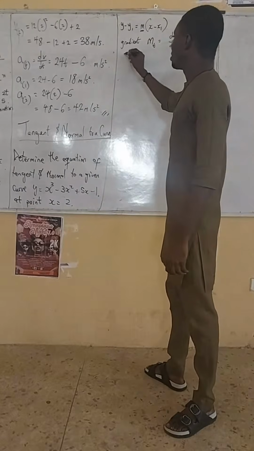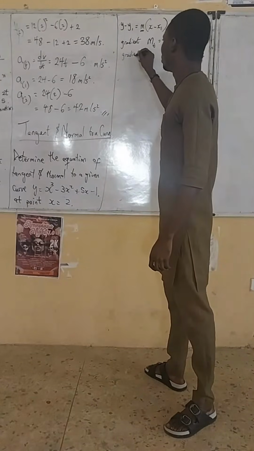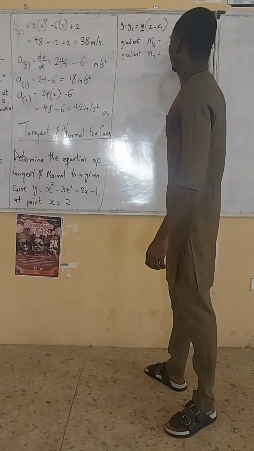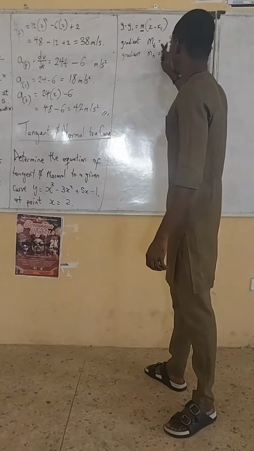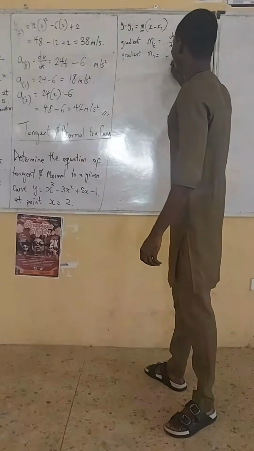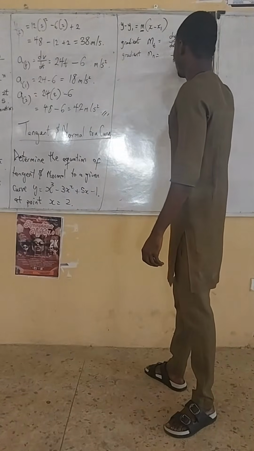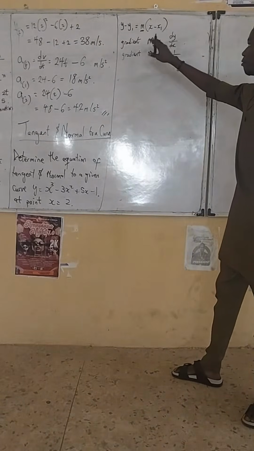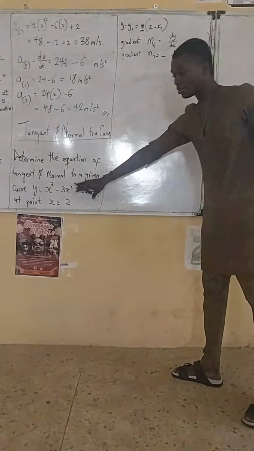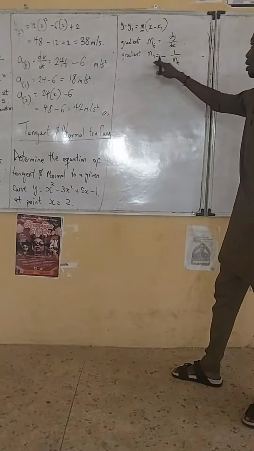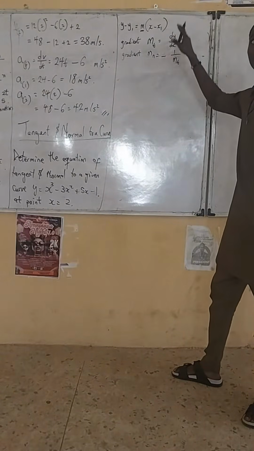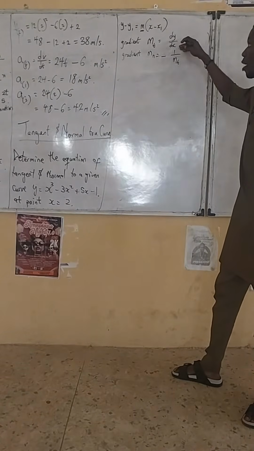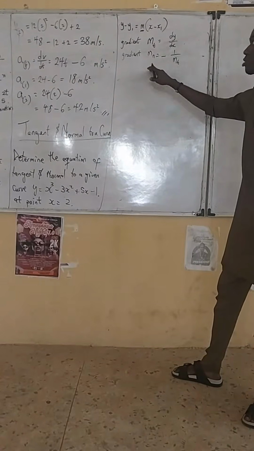But to get the gradient of normal, I call it mN, that will be 1 over minus mT. So first of all, it's an inverse of mT, but also with minus. The gradient of tangent means the derivative of this one, but the gradient of normal means the inverse of it, with negativity. So first of all, 1 over mT, then I introduce minus.